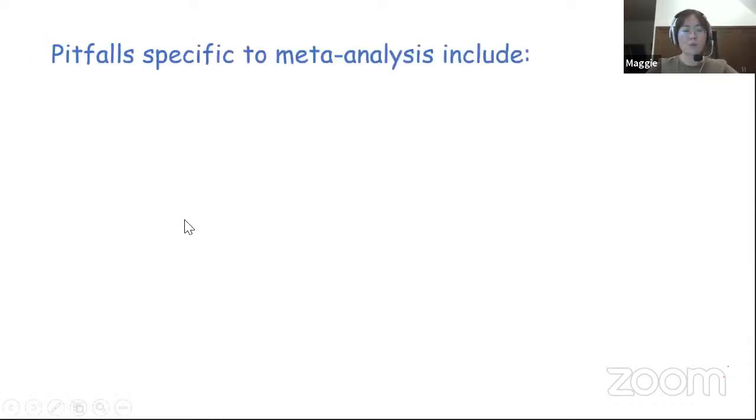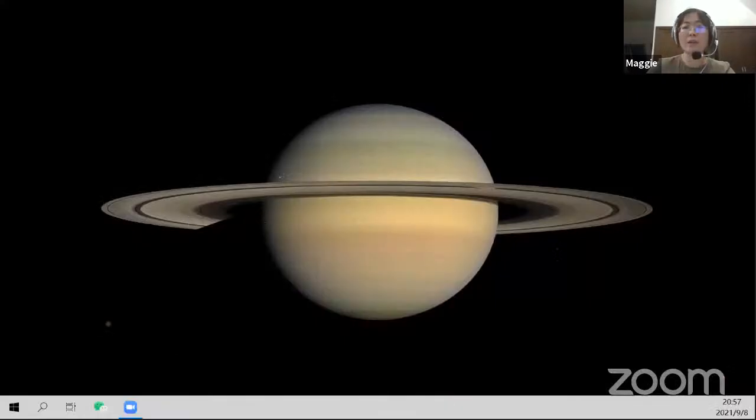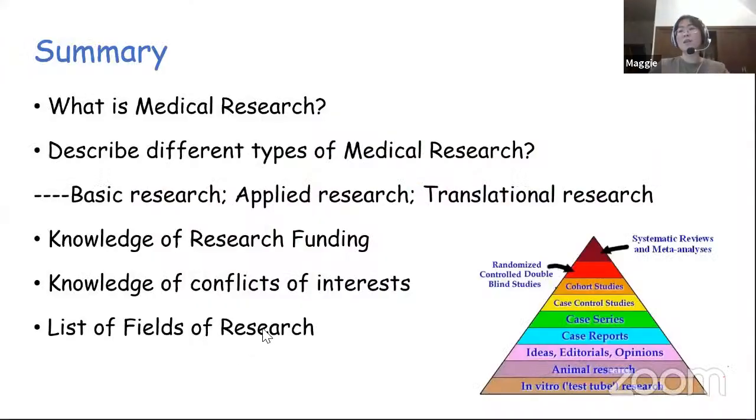Let's have a quick review of the study today. We learned what medical research is, right? And we described different types of medical research, including basic research, applied research, and translational research.